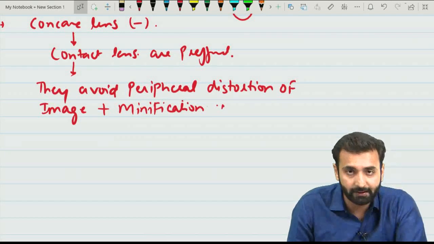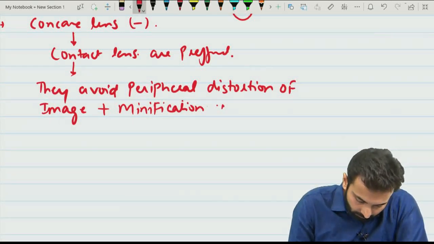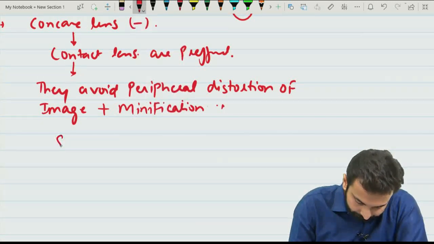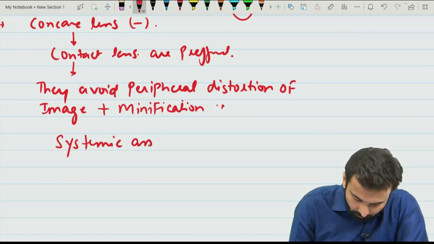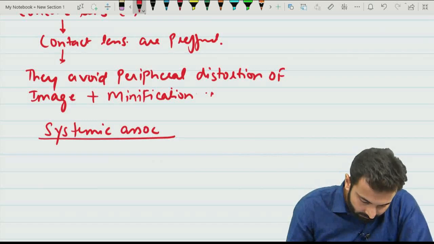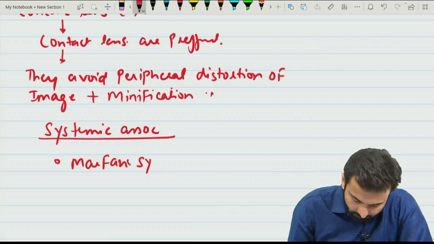Now coming to the systemic associations of myopia. Write down, next heading is systemic associations of myopia. Number one, the most important one, is it is associated with Marfan syndrome.